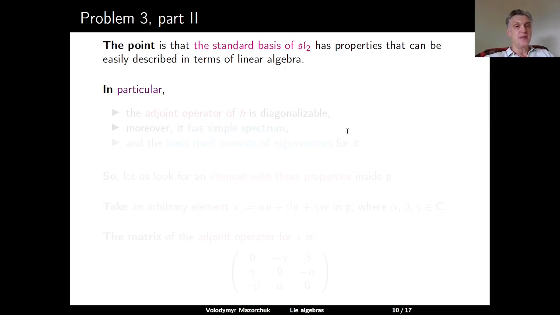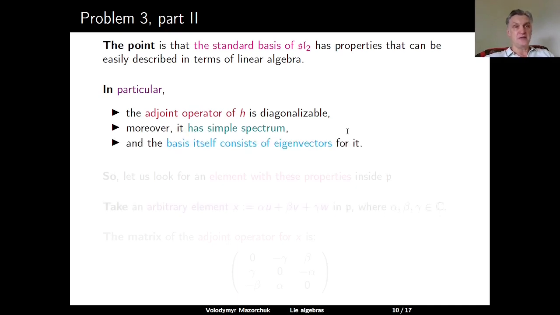In particular, if you look at the basis element H, then the adjoint operator of this element H is diagonalizable, it has simple spectrum, and the remaining elements of the basis are eigenvectors for this operator. And of course, the notions of diagonalizability, determination of spectrum, and the determination of eigenvalues is something which one can solve using linear algebra.